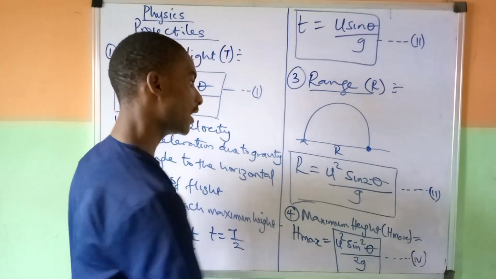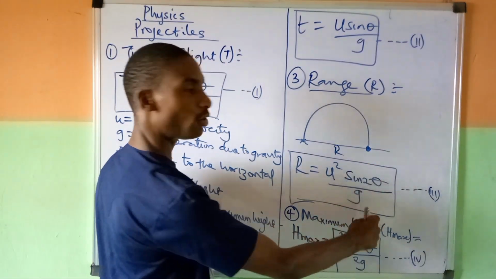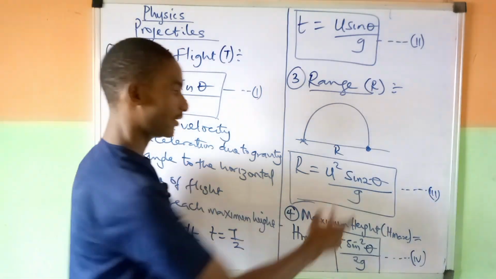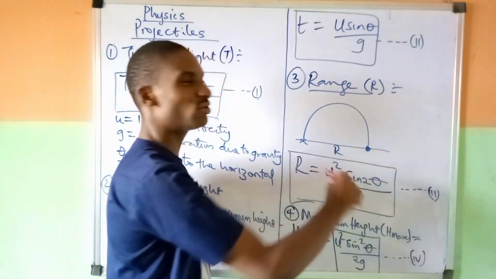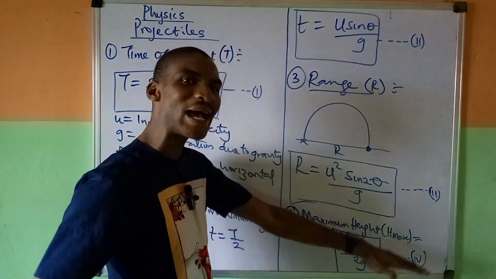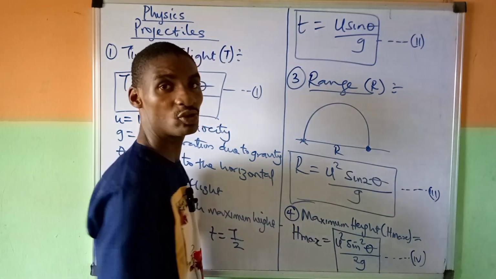Now take note of this. How do you easily recall if this is sine squared theta or sine 2 theta? It is not sine squared theta, it is sine 2 theta. Why? You remember I told you the range is the horizontal distance. So the range actually combines the product of the horizontal component and the vertical component. The horizontal component is u cos theta.